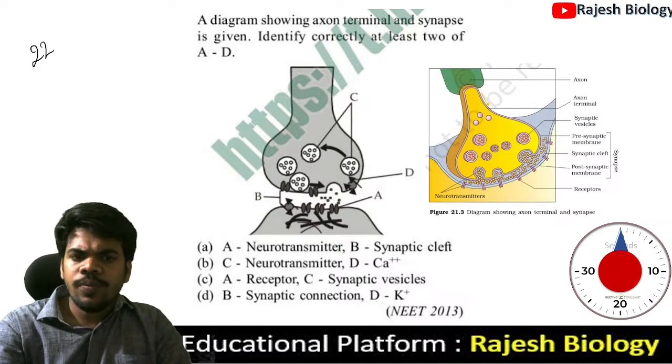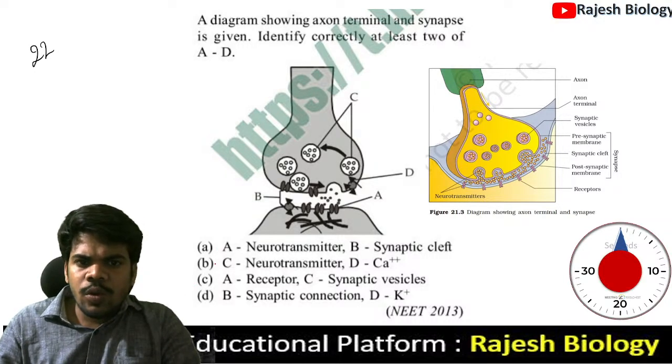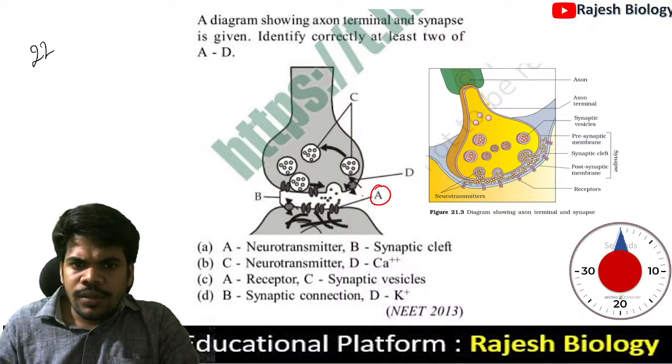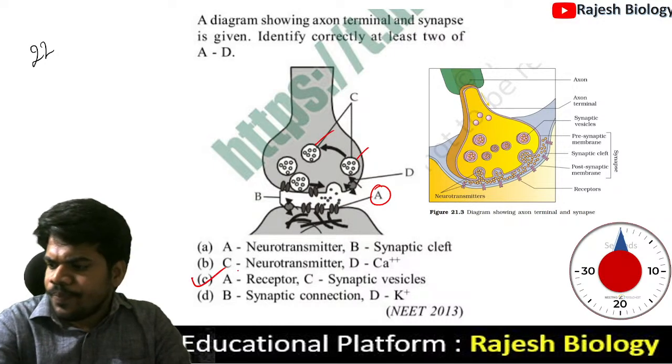Here is the clue. A is receptor here. And this C is the synaptic vesicles. These are the synaptic vesicles. The right answer is C.